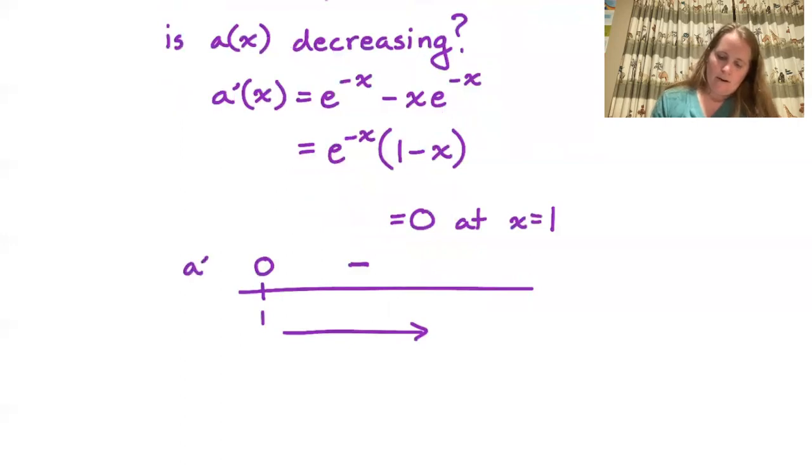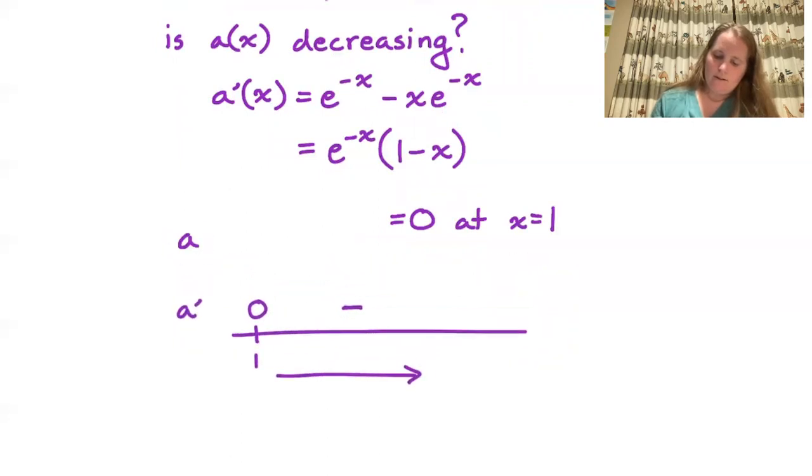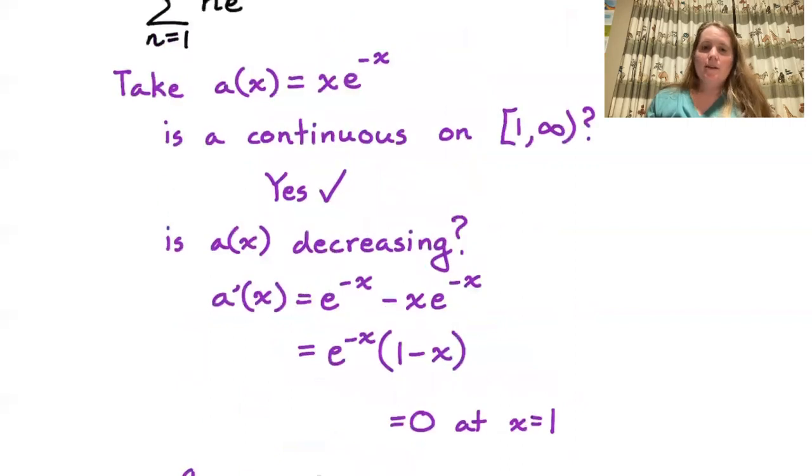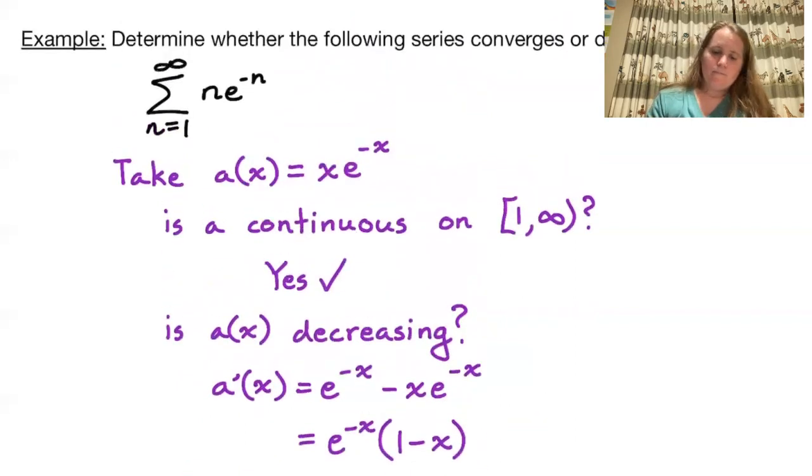So this is a prime versus a. I'm going to just shift this all down a little bit. So we do know that it is decreasing over where we're interested in. So a meets our required conditions.